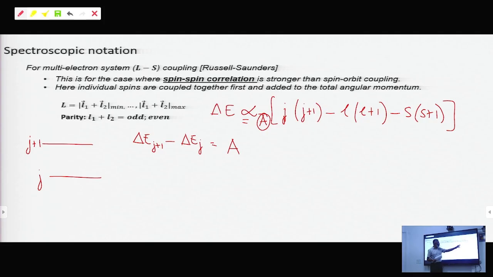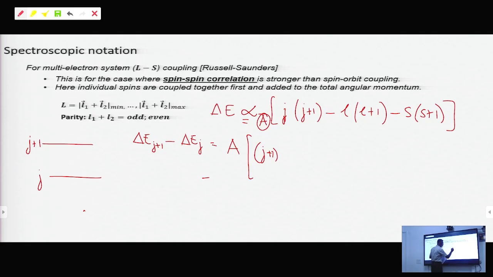Which means this will cancel. Only J is subtracted. I take the same L and same S and try to find the difference between the two states. So this will cancel out, and then what you get is A and B. So this is going to be J plus 1.